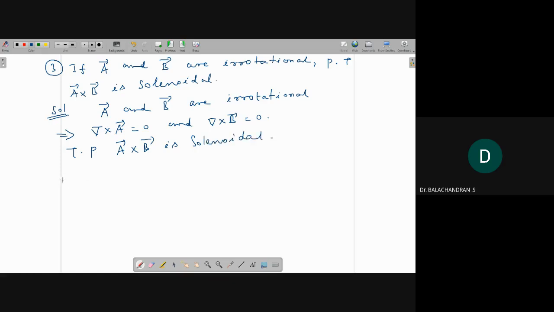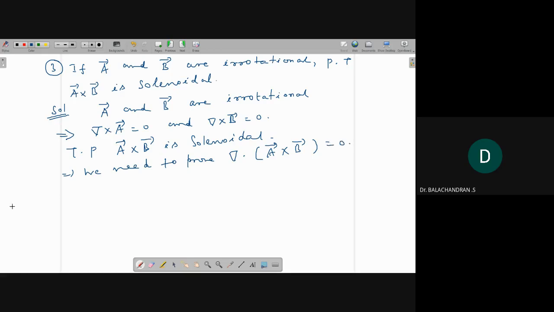So this implies I need to prove del dot A vector cross B vector equal to 0.